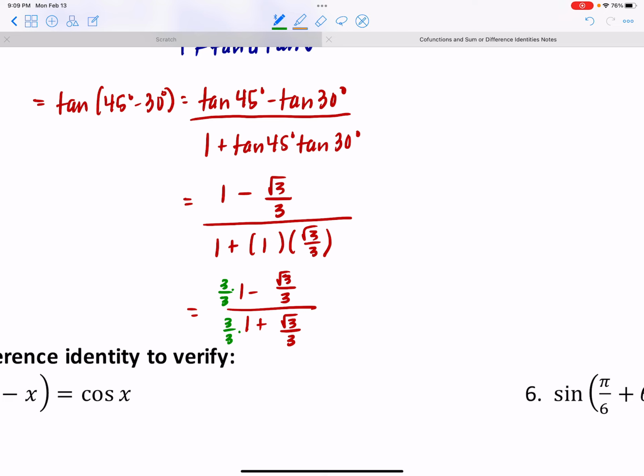So ultimately I can put those fractions together and rewrite my division problem as a multiply problem, and again those common denominators are going to cross reduce. So I'm going to end with just my numerators, which would be 3 minus radical 3 in the top, and then 3 plus the radical 3 in the bottom.